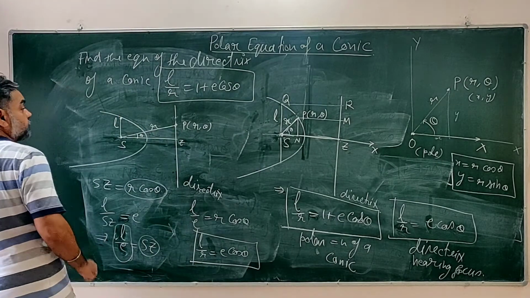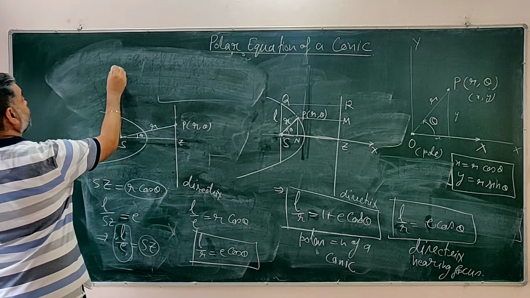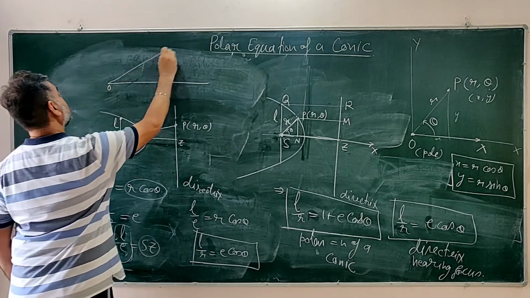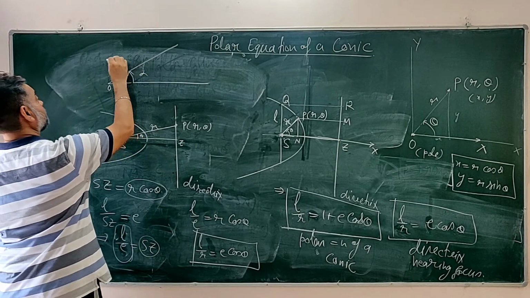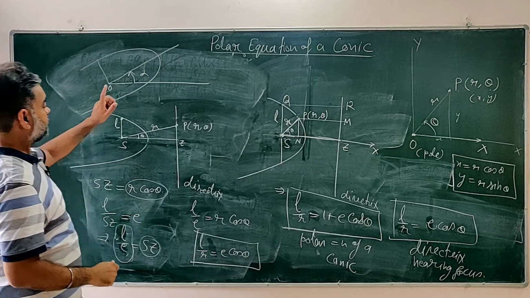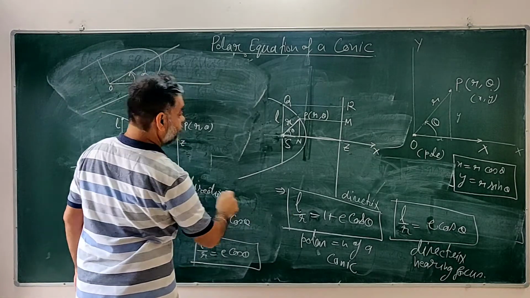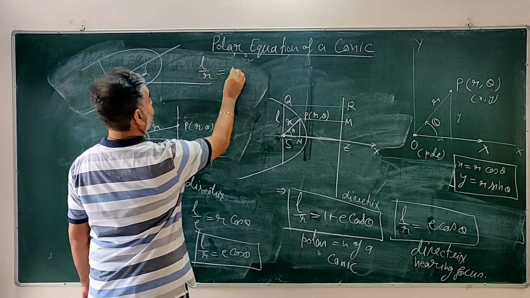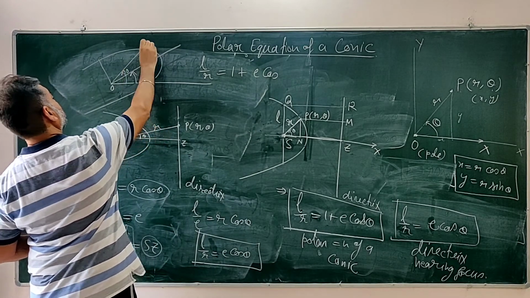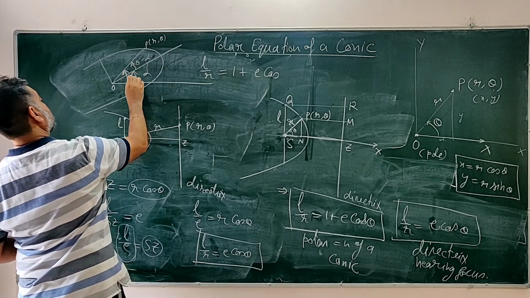Alright, and we also discuss here that if this conic is inclined at an angle, suppose O is the focus and the axis of the conic is inclined by an angle alpha, then the equation of the conic would be L over r is equal to 1 plus e cos... So if this angle is theta, with P equal to (r, theta), then this angle would be theta minus alpha.